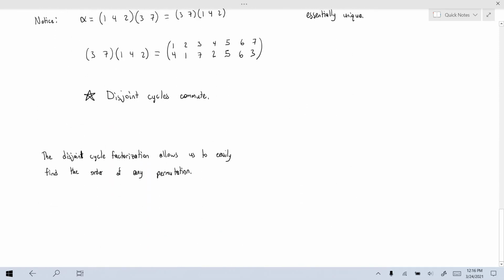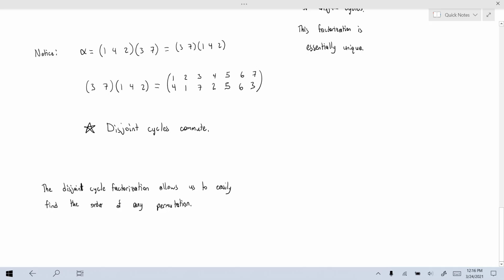Let me continue using alpha as an example. We have alpha as a product of a cycle of length 3, which I'm going to call alpha 1, composed with a cycle of length 2, which is (3 7), and I'm going to call that alpha 2.